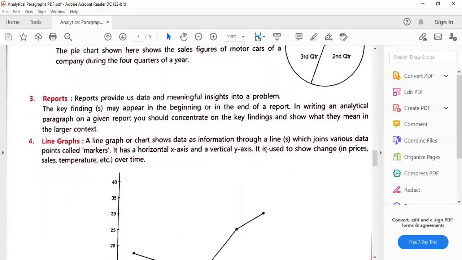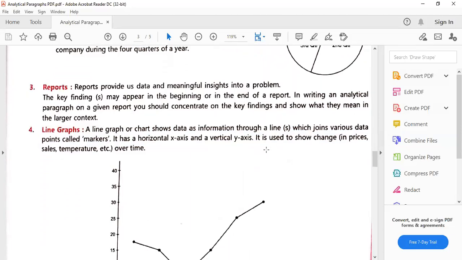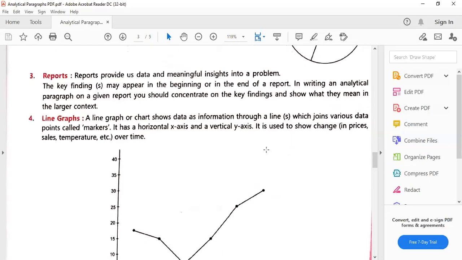Then reports provide us data and meaningful insights into a problem. The key findings may appear in the beginning or in the end of a report. In writing an analytical paragraph on a given report, you should concentrate on the key findings and show what they mean in the larger context. What does a report contain? You are provided with the data and the meaningful insight into a problem. कोई problem है, you are told about that particular problem.